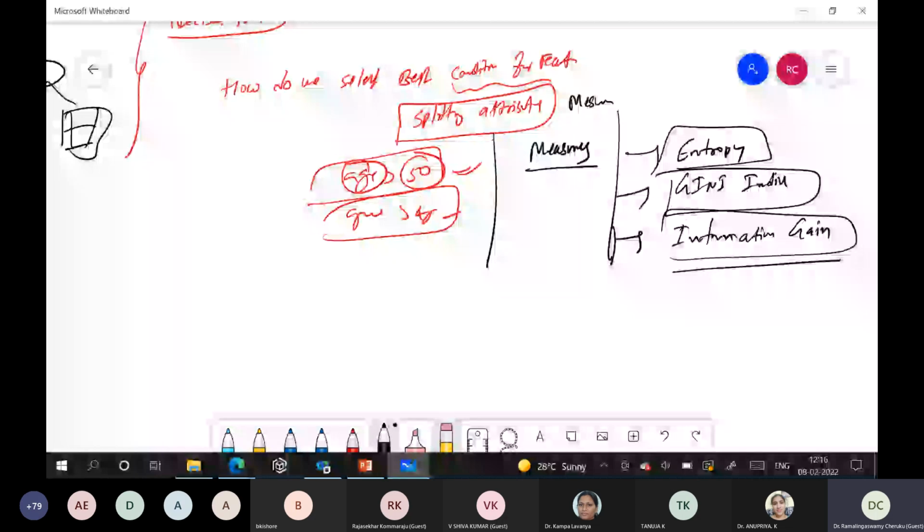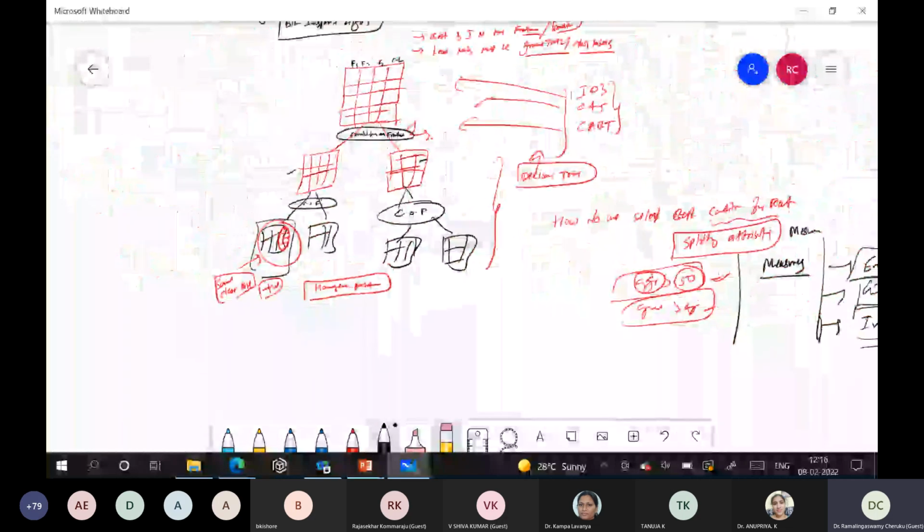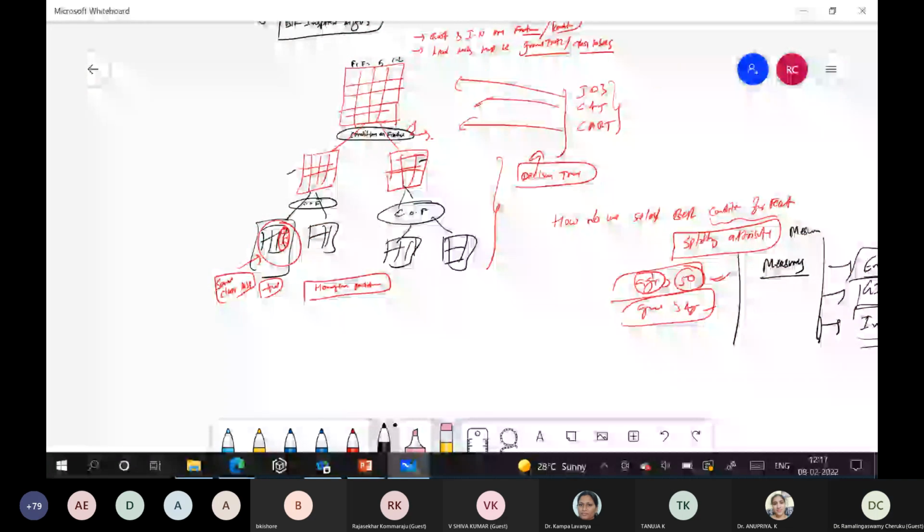Some algorithms use entropy, some use Gini index, some use information gain. But overall, the idea is the same: they take the data set and split it recursively till they reach homogeneous partitions. If you change the measure, the structure of the decision tree will change, and in turn the rules will also change.